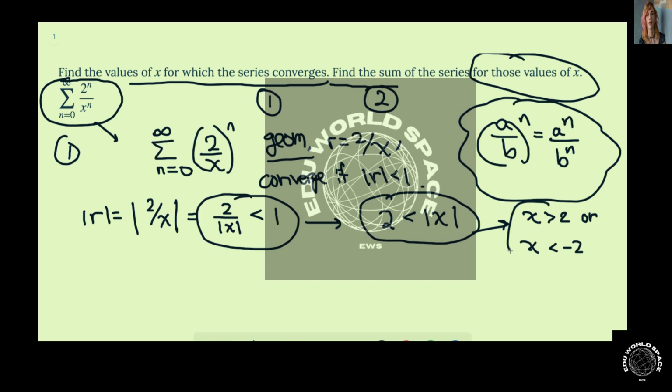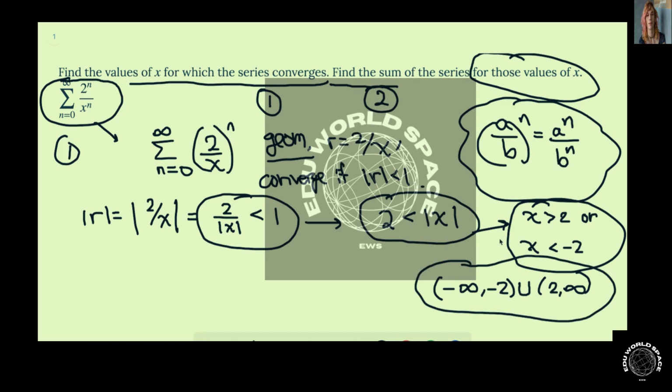So depending on how you want to write your answer for part 1 here, you could also write this as -infinity to -2, and the union for the or, and then 2 to infinity. So either of these for number 1 is acceptable.